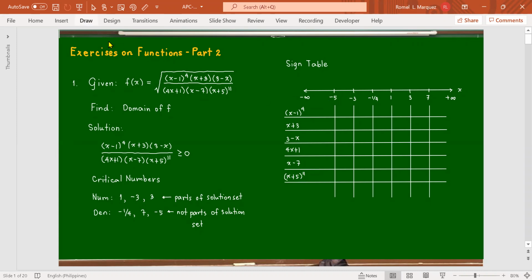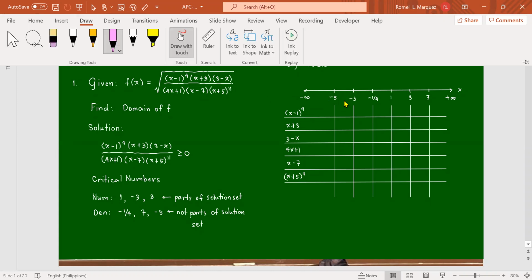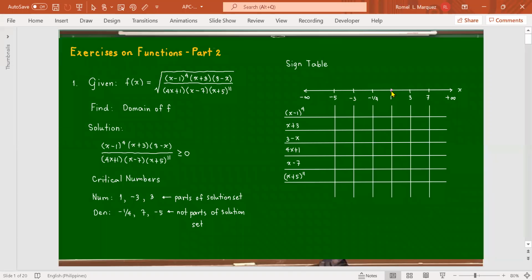Take note that 1, −3, and 3 are in the solution set, so −5, −1/4, and 7 are not.